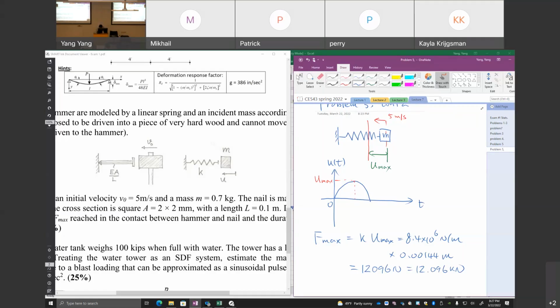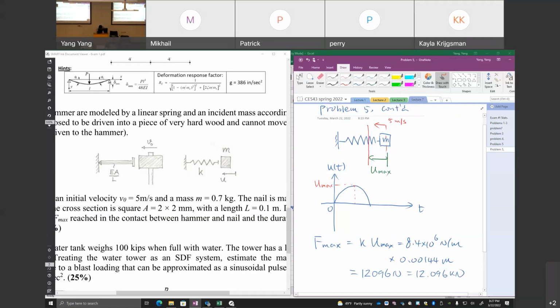So this is the delta T. Initially, there is no deformation for the nail, and with time going, the deformation of the nail increases until it reaches the maximum, and then the deformation decreases to zero.